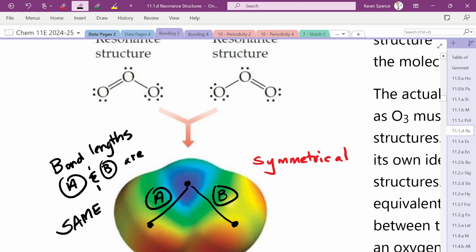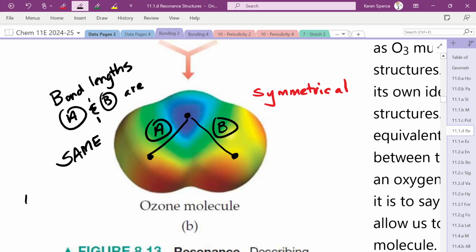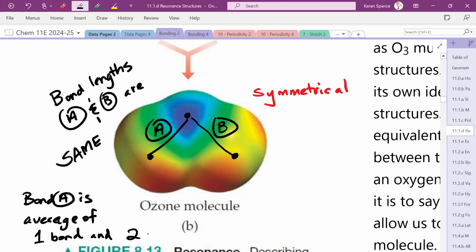So bond A is the average of 1 bond and 2 bonds: 2 plus 1 divided by 2 is 1.5. So the bond order is 1.5.